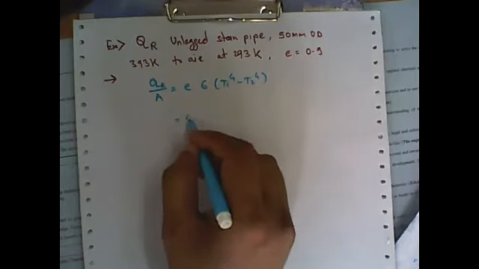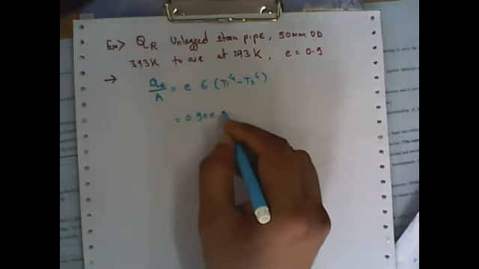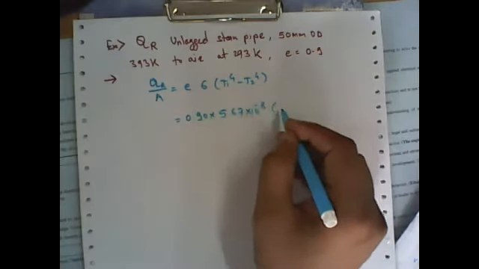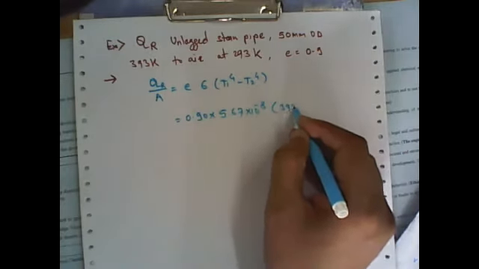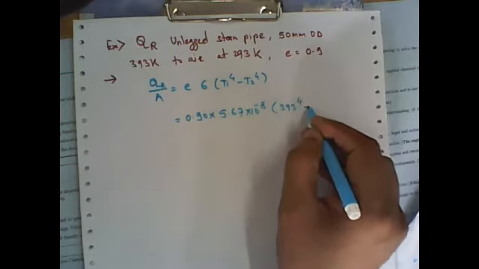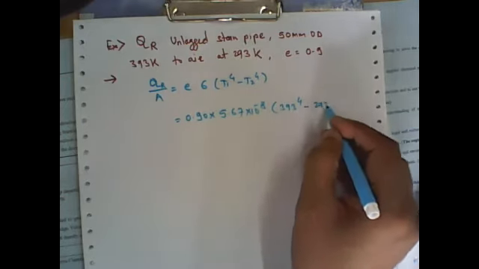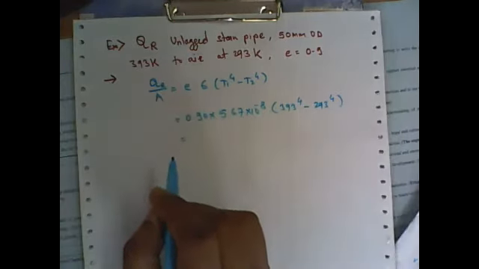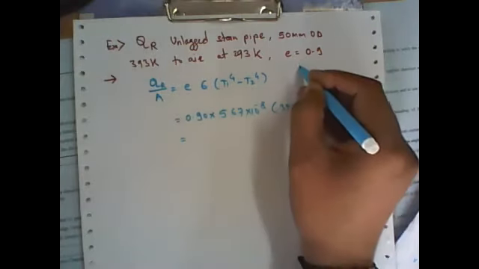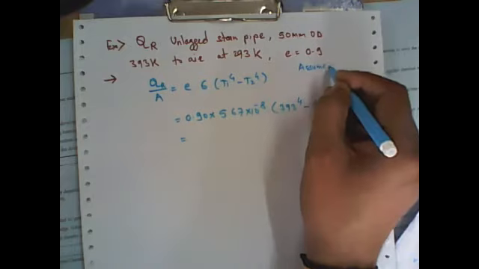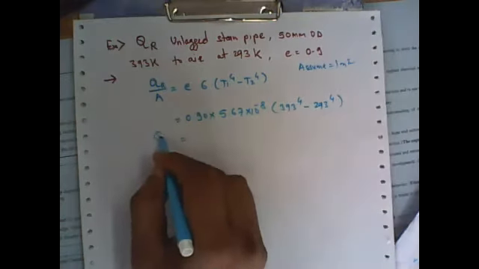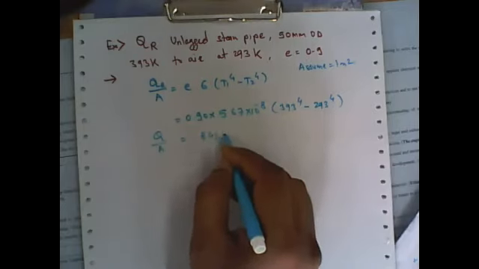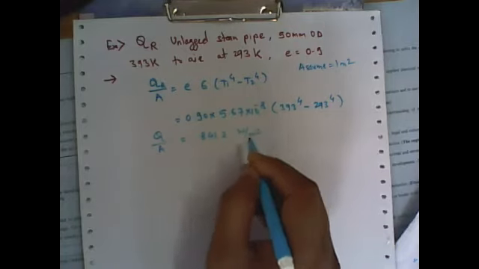The value of E is 0.90, sigma is 5.67 into 10 raised to minus 8, T1 is 393 Kelvin raised to 4, minus T2 is 293 Kelvin raised to 4. If you assume area as 1 meter square, then Q by A comes around 841.2 watt per meter square.